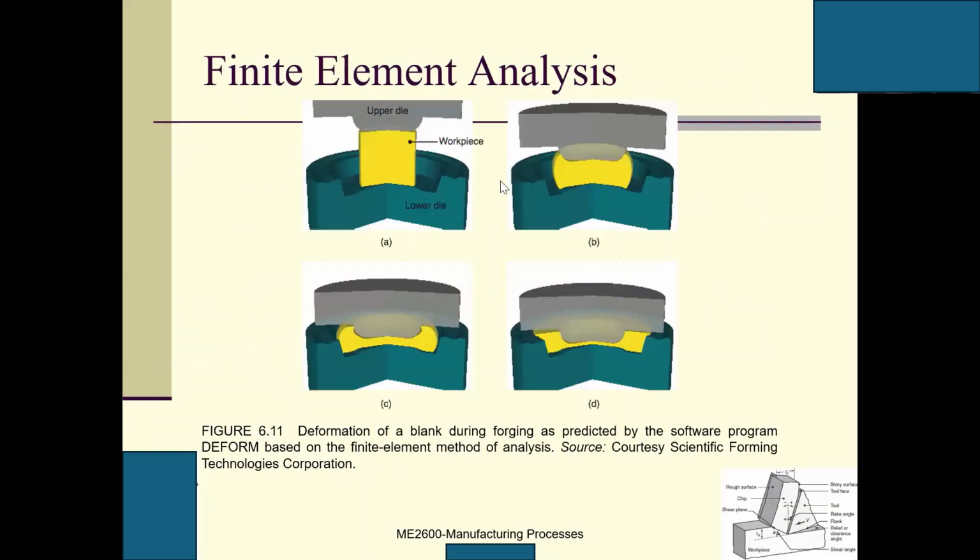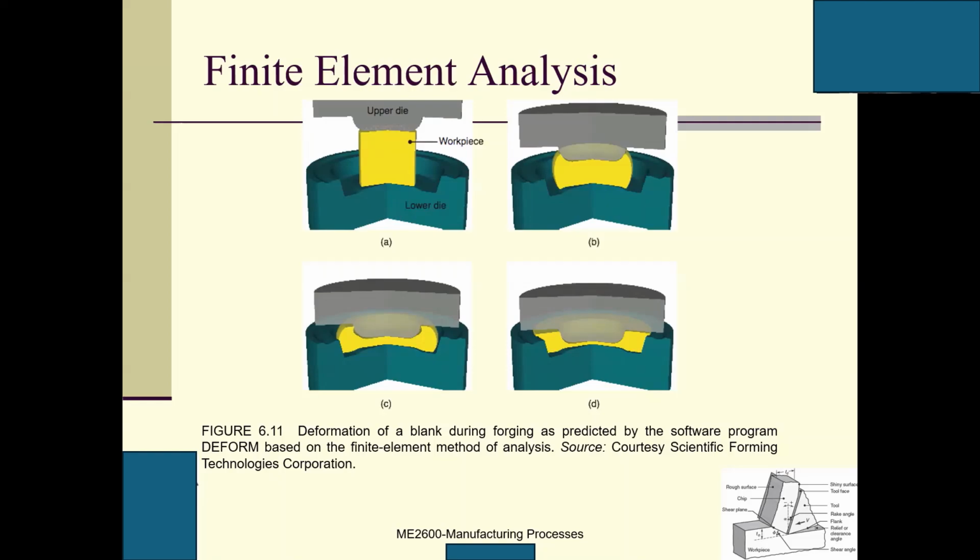This is a finite element analysis, just as the author shows here. Here is the workpiece, upper die, and lower die. For our problem, we just have 2D. We have the workpiece, and we fix the bottom.